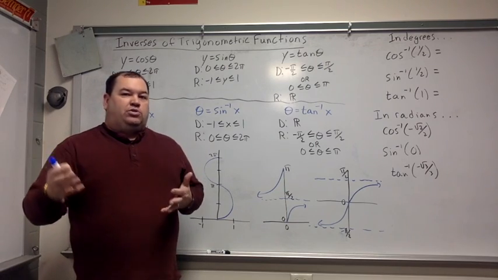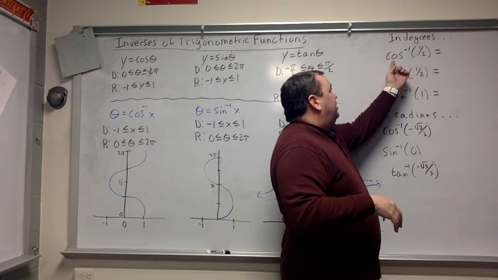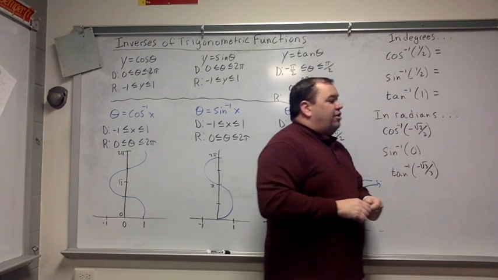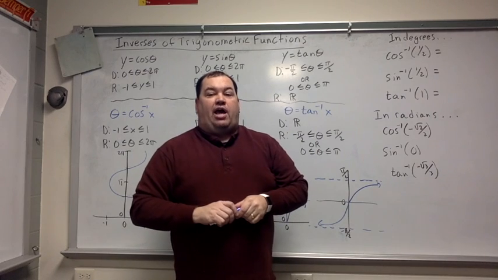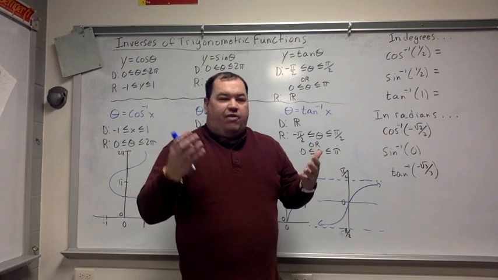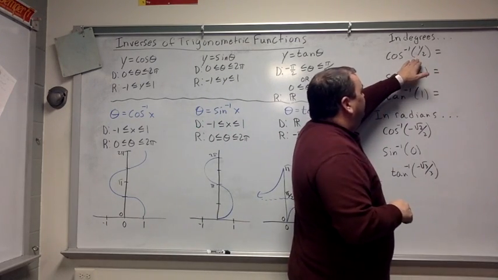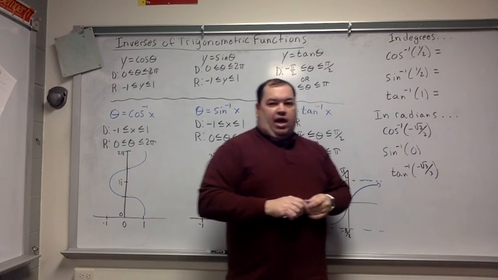How are we going to use them? Well, if we're talking in degrees, and they say something like the inverse cosine of 1/2, I'm going to go to my unit circle, because 1/2 is something that's on my unit circle, and I'm going to try to figure out where cosine is equal to 1/2.